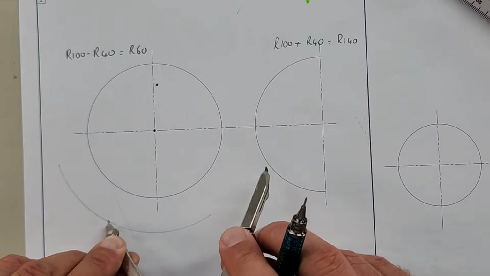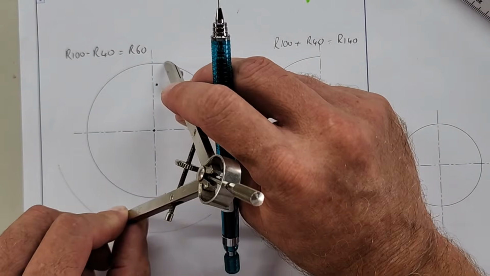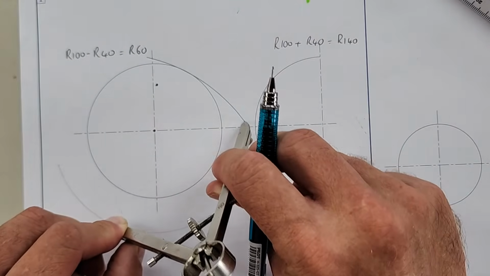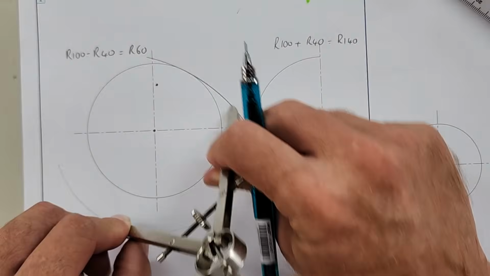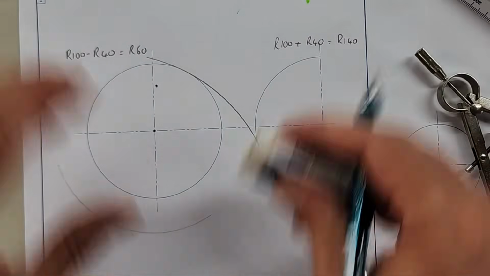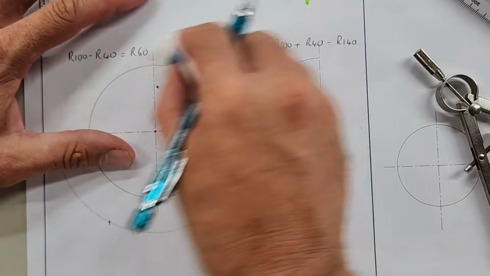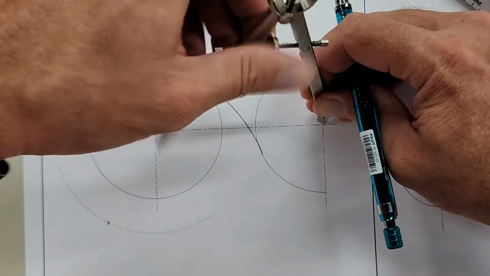Alright, and I'm going to line it up here. On this one it is excluding, on this one it is including. Okay, and then all I have to do is draw this bottom part in.